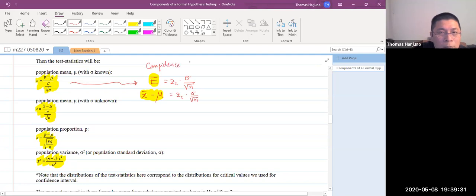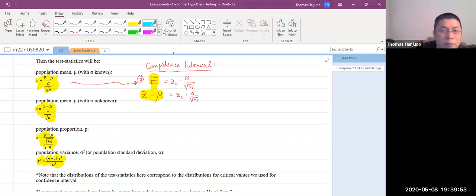Remember when we did confidence interval for mu with sigma known, the margin of error has this form, right? This is in our step 2. Margin of error is saying the difference between the sample mean and population mean.